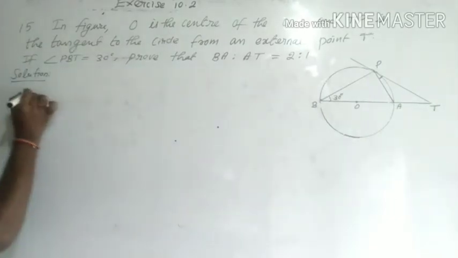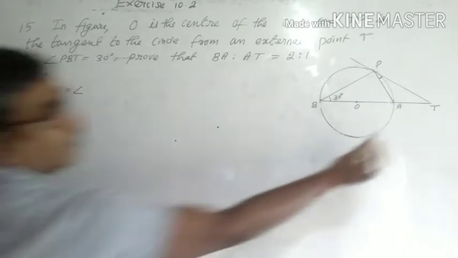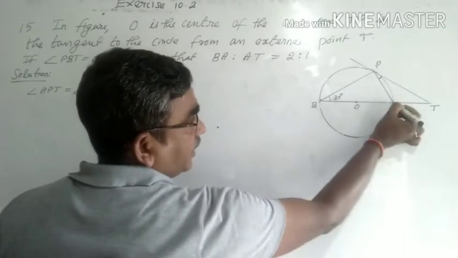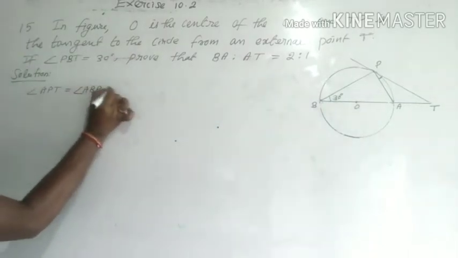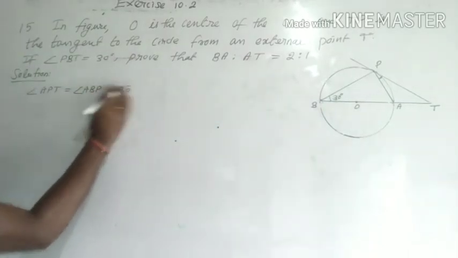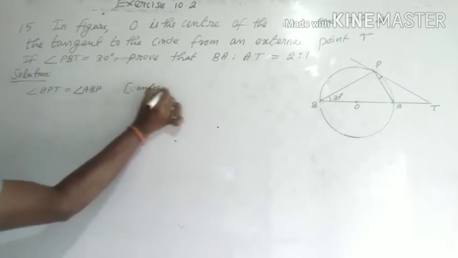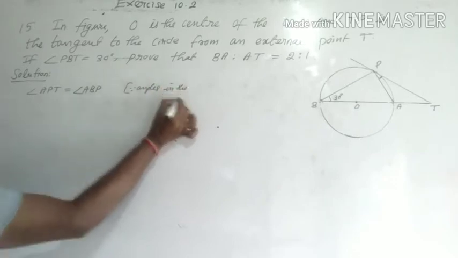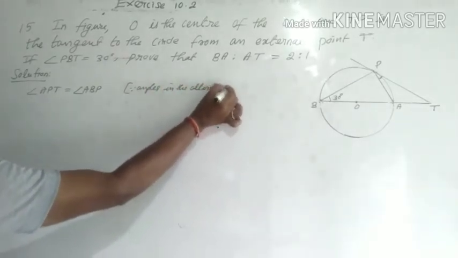This is called angles in the alternate segment. Angle APT is equal to angle ABP, both equal to 30 degree. The reason is that angles in the alternate segments.